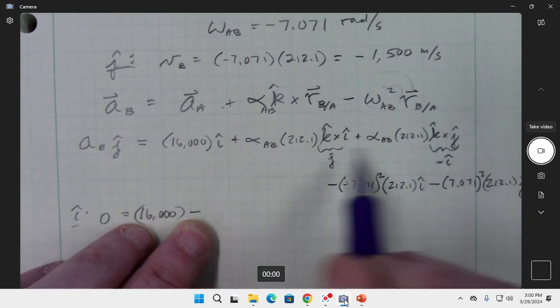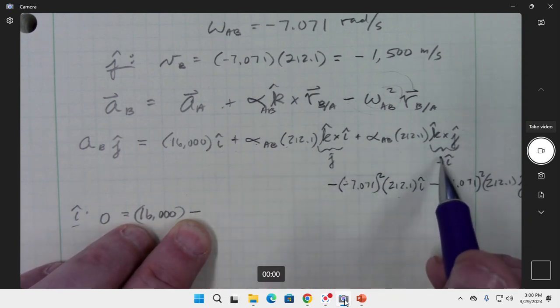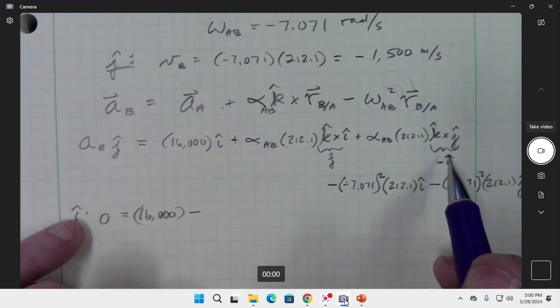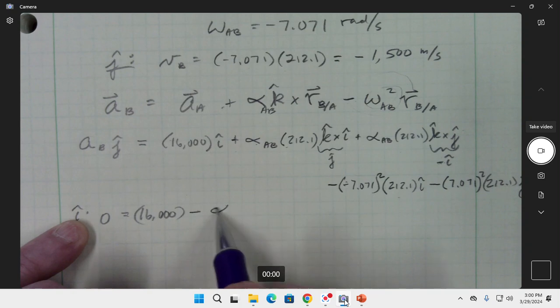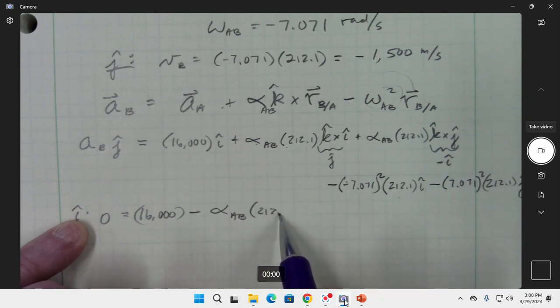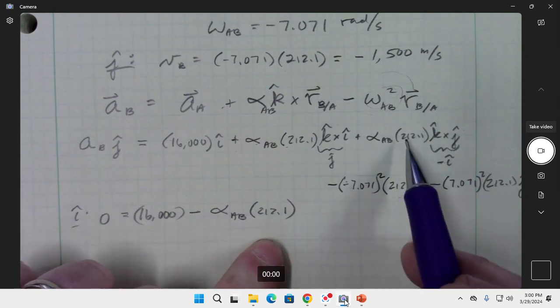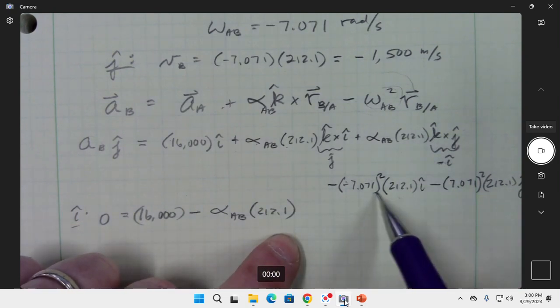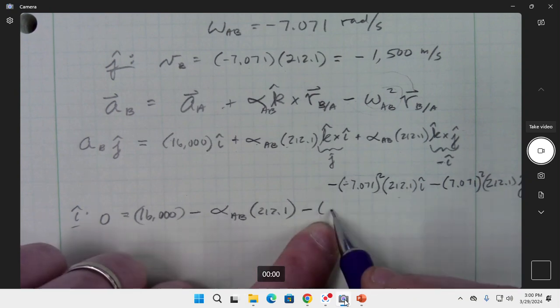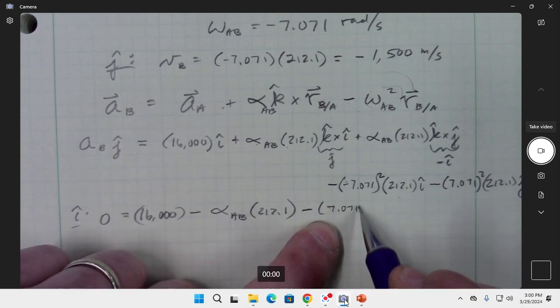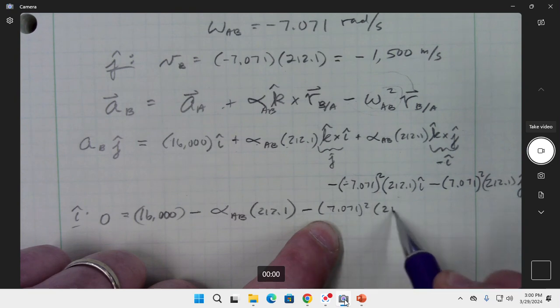We're going to use this one because we're using the I's. So minus alpha AB 212.1, and we also have this guy in here. So we're going to have minus 7.071 squared 212.1.